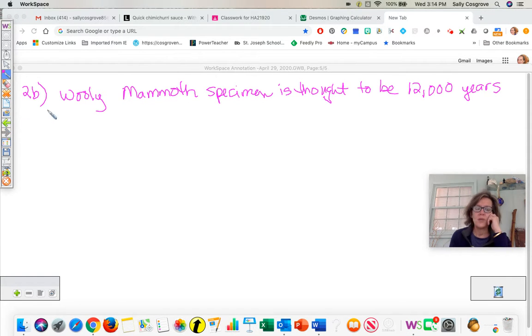All right. So now, because again, paleontologists do this, if I think it's 12,000 years old, then it should have a certain amount of carbon-14. All things that were living that had carbon in them are going to have a certain percentage of carbon-14 if they're 12,000 years old. That's what's so cool about it. It's predictable. That's math. Nifty. Okay.